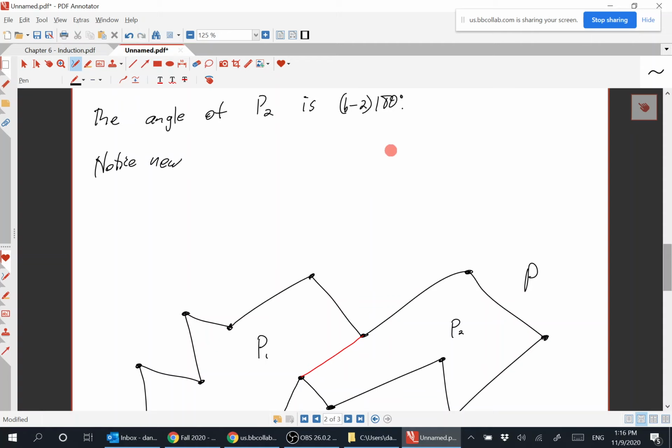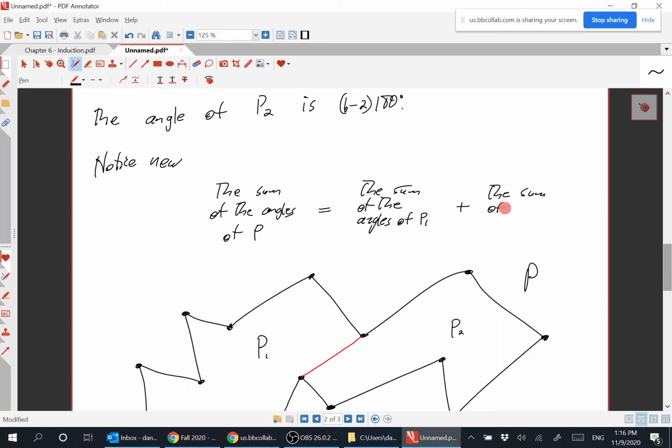So the sum of the angles of P is equal to the sum of the angles of P1 plus the sum of the angles of P2.